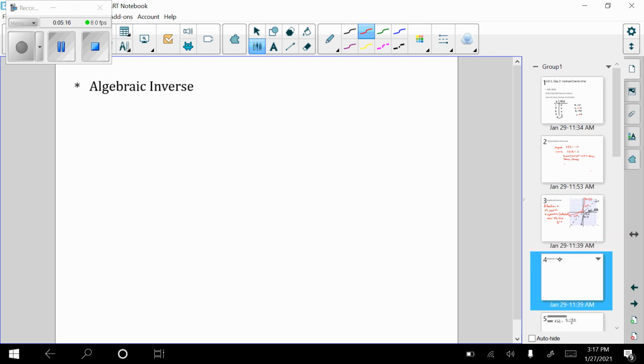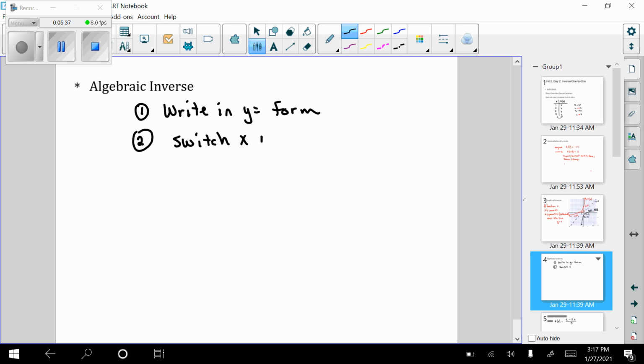Okay, so to find the algebraic inverse, if it's written as f of x, you're going to write it as y equals. What you're going to do is switch your x and y. Take the equation or the function, solve for y.